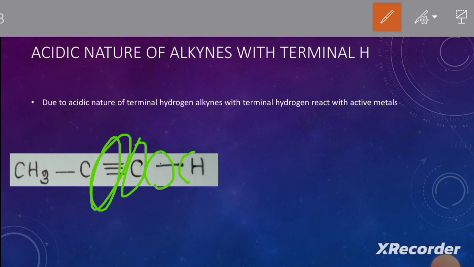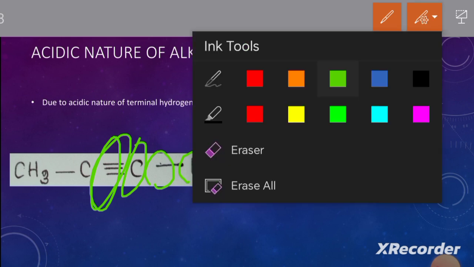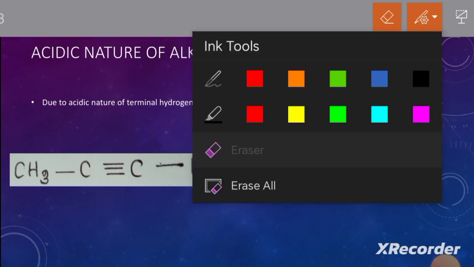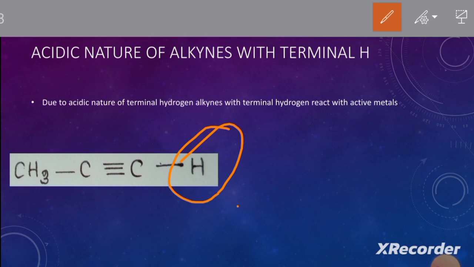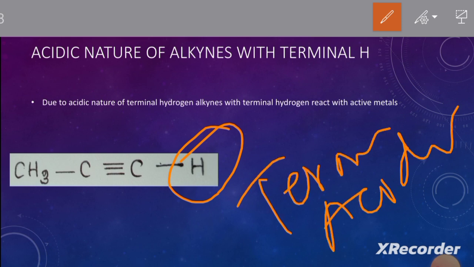If a carbon is attached to a triple bond directly, and a hydrogen is attached to the same carbon, we call that hydrogen atom a terminal hydrogen or acidic hydrogen. So here this one is a terminal hydrogen or acidic hydrogen. You should remember that point.